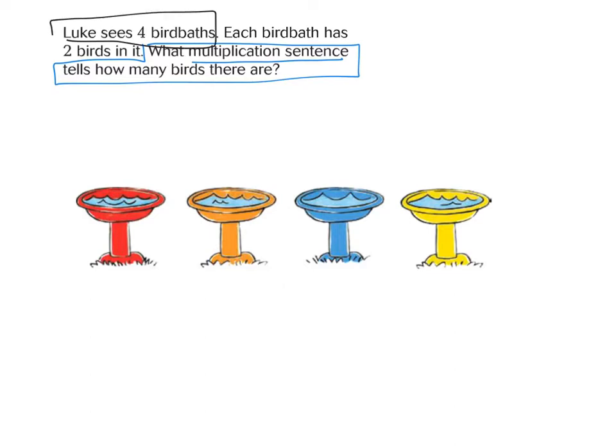Now the next part of the word problem reads, each bird bath has 2 birds in it. So let's draw a quick picture to show the birds in the bird bath. 1 bird, 2 birds. 2 birds in that bird bath, another 2 in that bird bath, and another 2 in that bird bath.